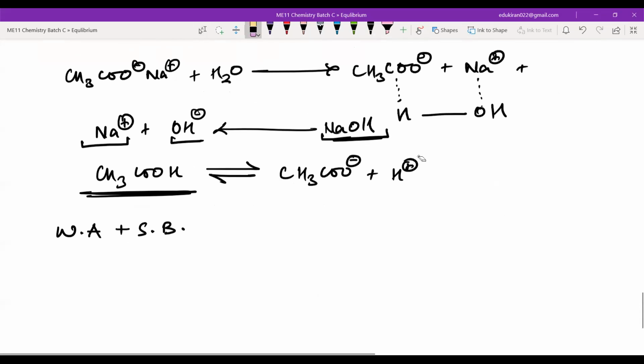In this case, we can also write about the hydrolysis. How much of this will be hydrolyzed? The hydrolysis constant. Salt hydrolysis is actually not in your syllabus, so I am not sure whether to give you those things or not.